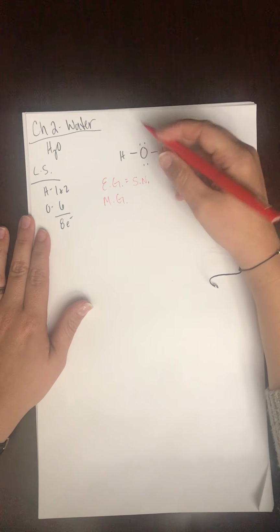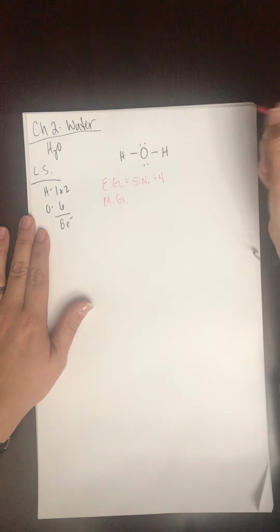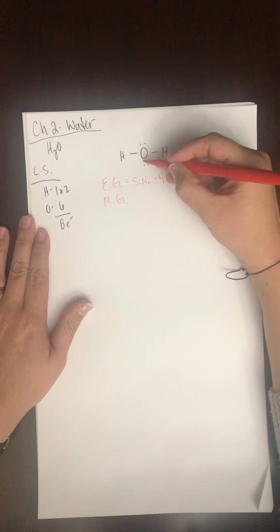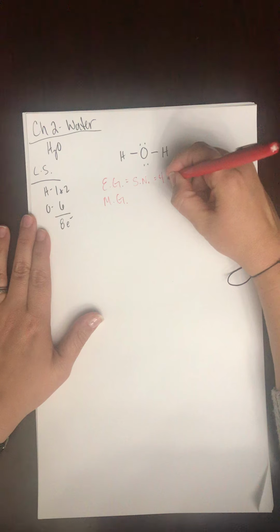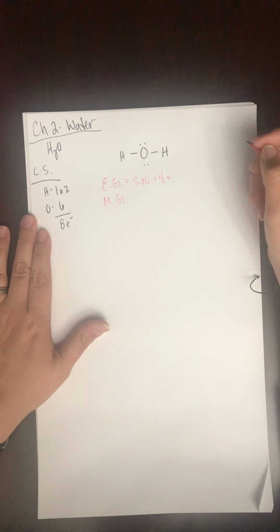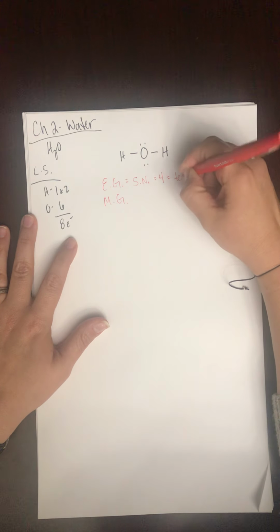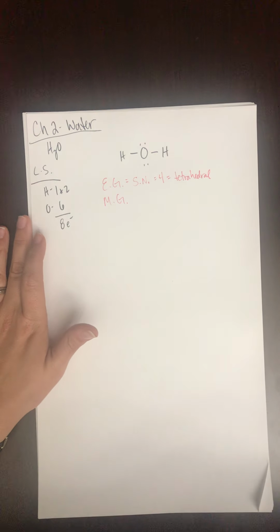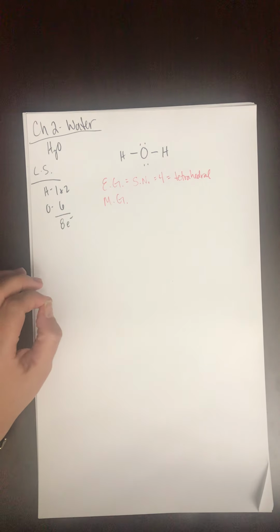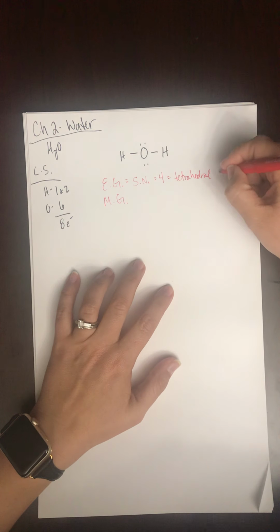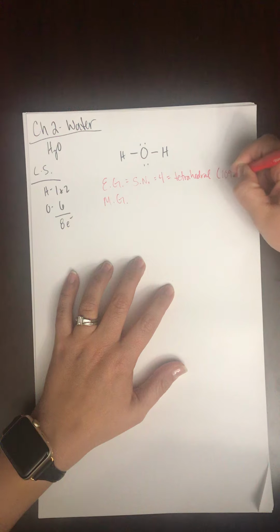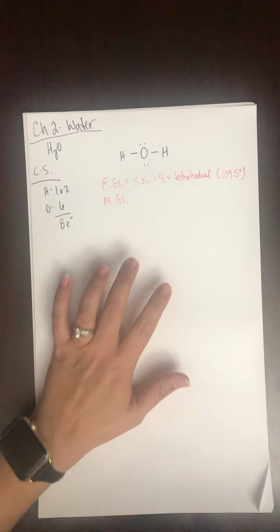So the steric number of water is 4 because there are 4 regions of electrons around this central atom: 1, 2, 3, 4. That means the electron pair geometry of water is tetrahedral. And remember that a tetrahedral geometry in 3 dimensions has angles of about 109.5 degrees.